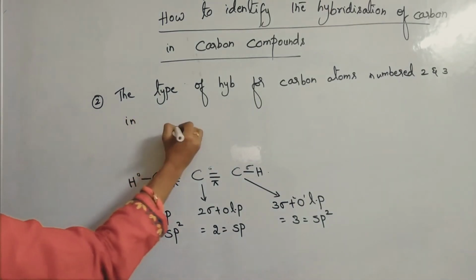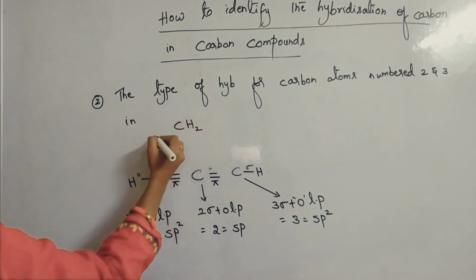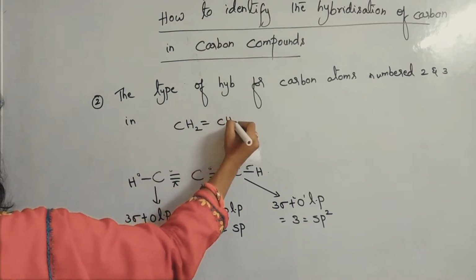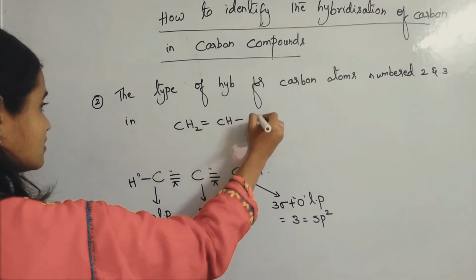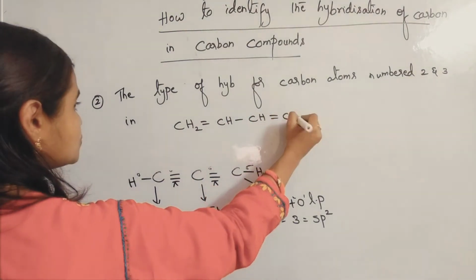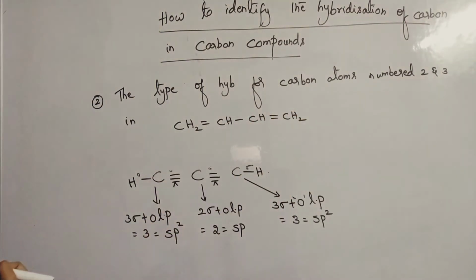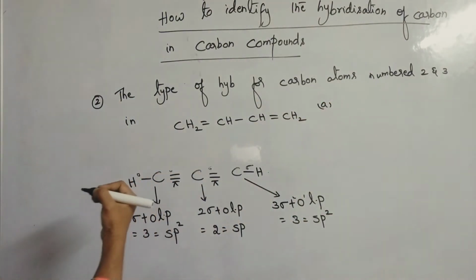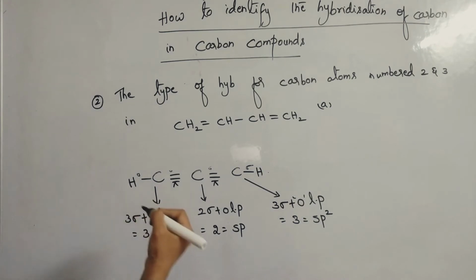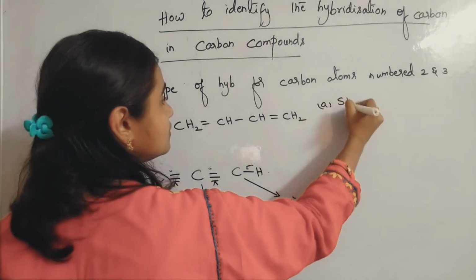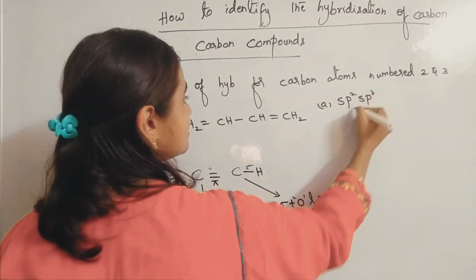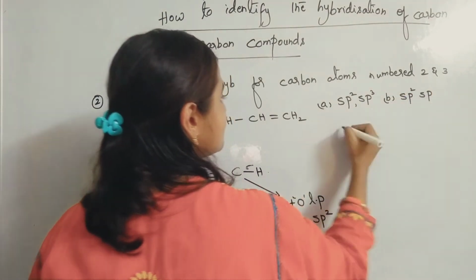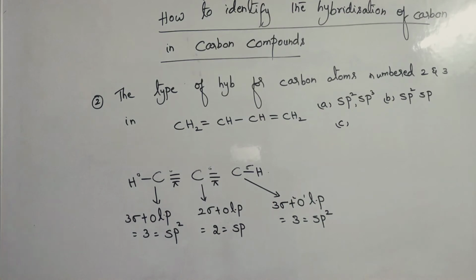The compound is given like this: CH2 double bond CH, double bond CH, single bond CH, double bond CH2. Okay, this is the compound. Now there are 4 options: sp2, sp3; sp2, sp2; sp2, sp3; sp2, sp. Option C is what?